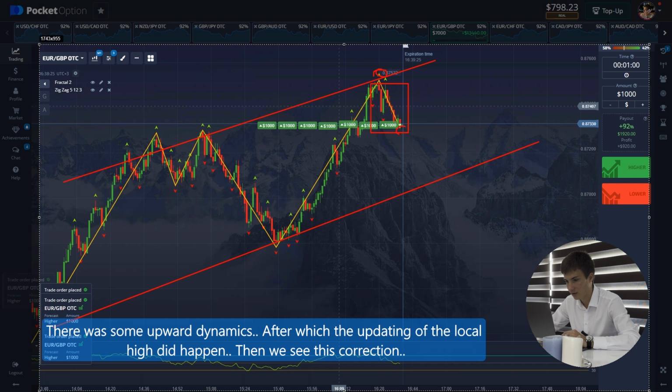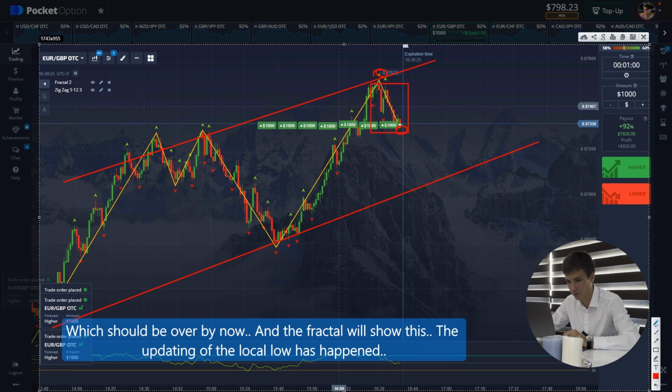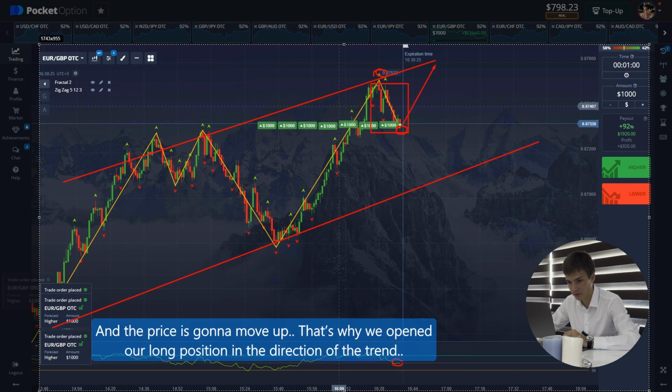Then we see these corrections, which should be over by now, and the fractal will show this. The updating of the local low has happened, and the price is going to move up. That's why we open our long position in the direction of the trend.